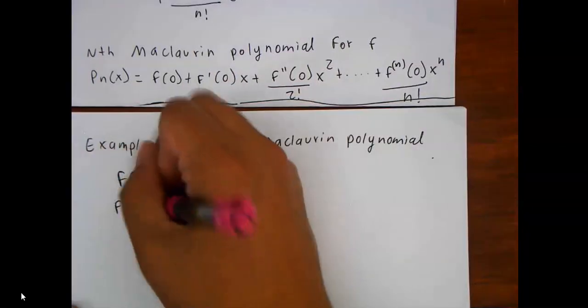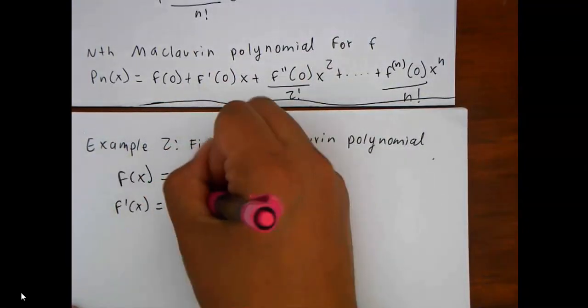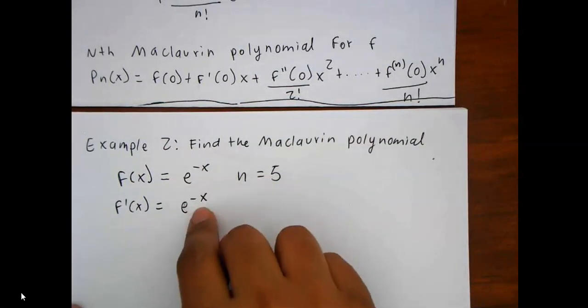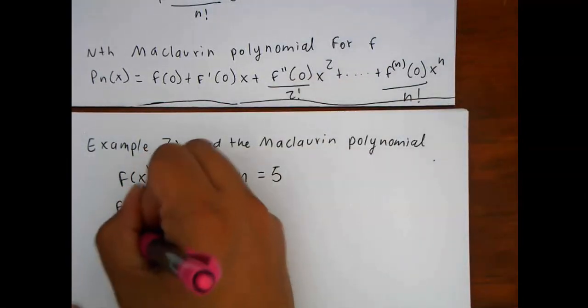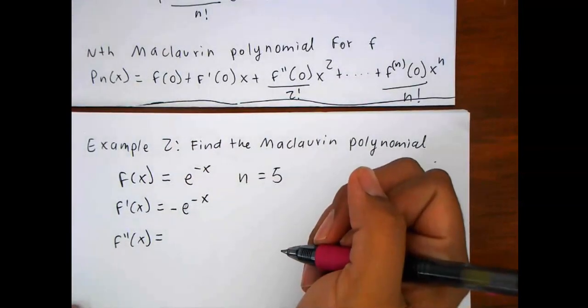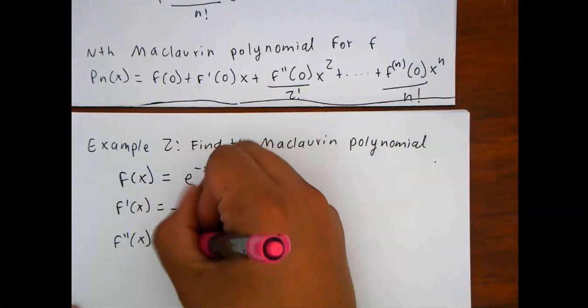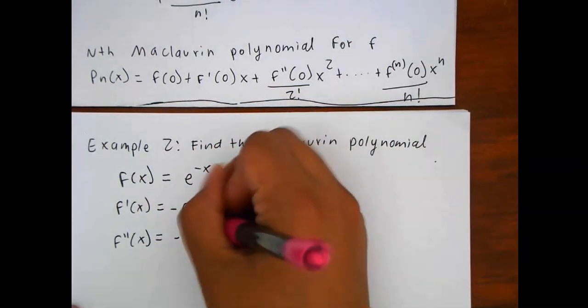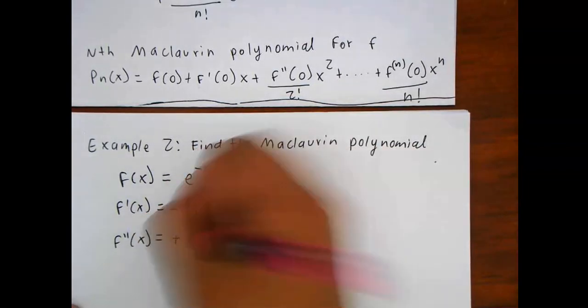Remember, the derivative of e to the negative x is e to the negative x times the derivative of the top, which is negative, so I'm just going to put a negative on the front. Second derivative, copy: negative e to the negative x times the derivative of the top, which is negative again, and that changes it to a positive.